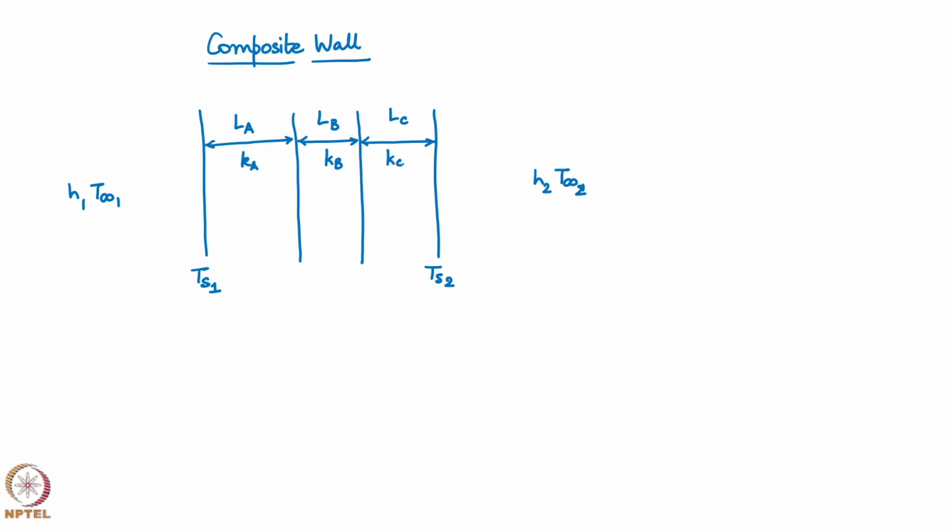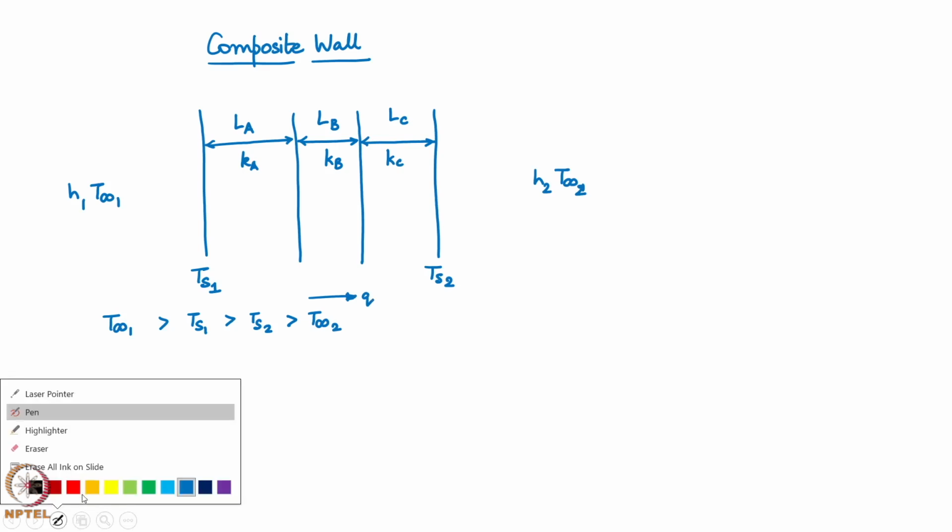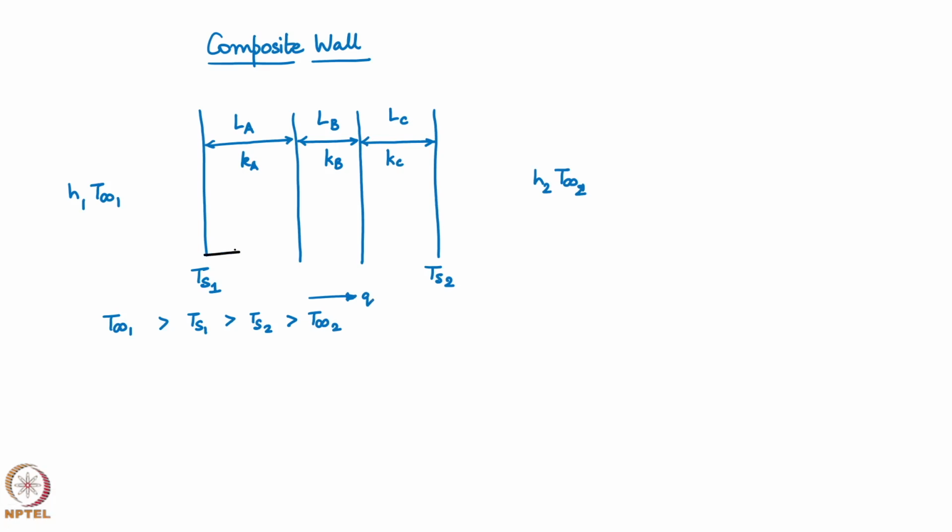Let us say T infinity 1 is greater than T S 1, greater than T S 2, greater than T infinity 2, which means the direction of heat transfer is this. Q is flowing from left to right, and my coordinate direction is this way. This is x, and x equals L is here. Let me put my arrows for convection.